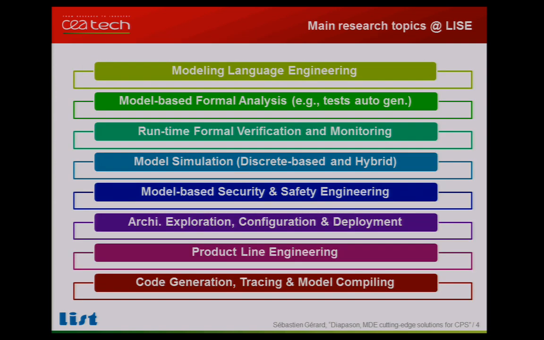So we are a research institution, so we are working on several areas. The lab is very involved in all these areas. So model language engineering. We are working on how to design a new modeling language, and how to implement tools which support new modeling languages.